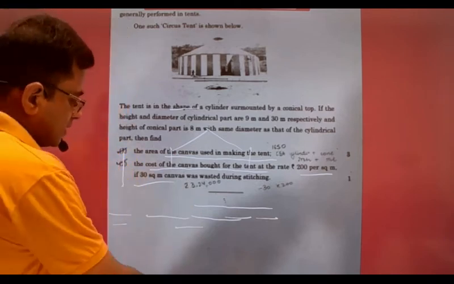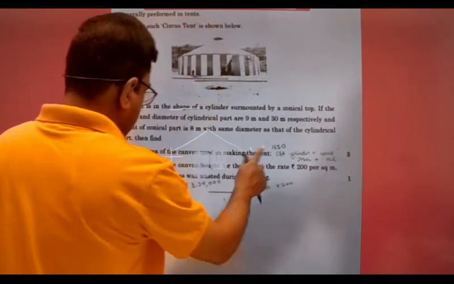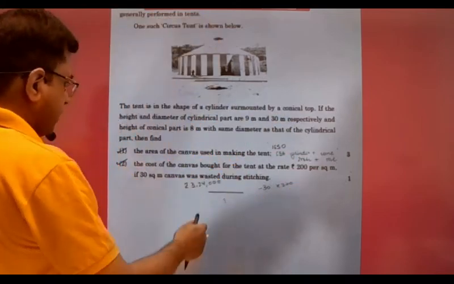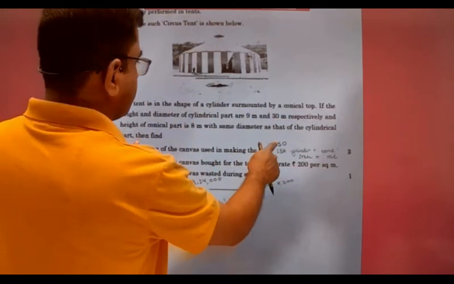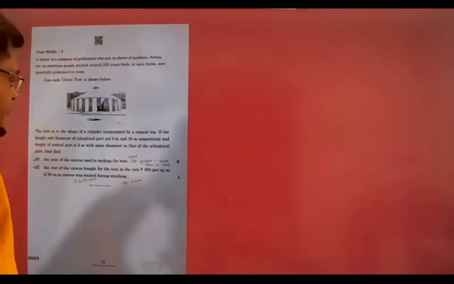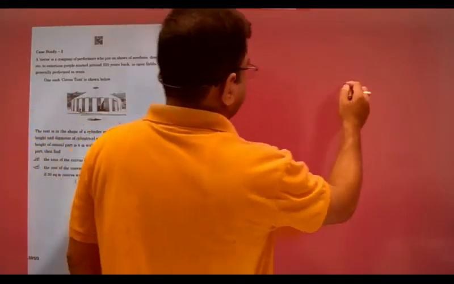Okay, so let us do this. This one is also from your syllabus, from the chapter surface area and volume. So how can we do this? First, let us draw the tent.